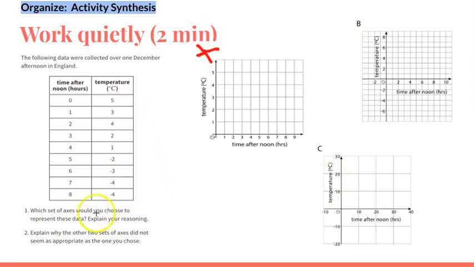Well, since everything stays in the single digits, and it looks as though B has each line labeled as a single digit, B is probably going to work better, because you're going to be able to plot more easily. Now, could you use C? Of course you could.